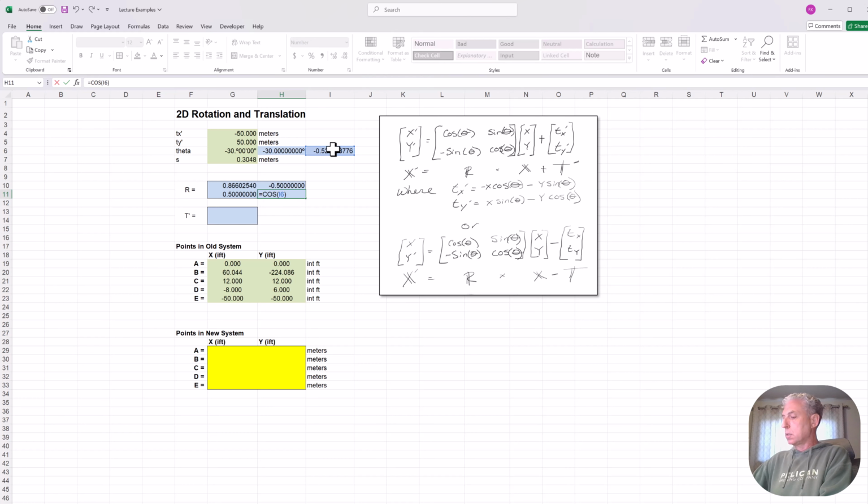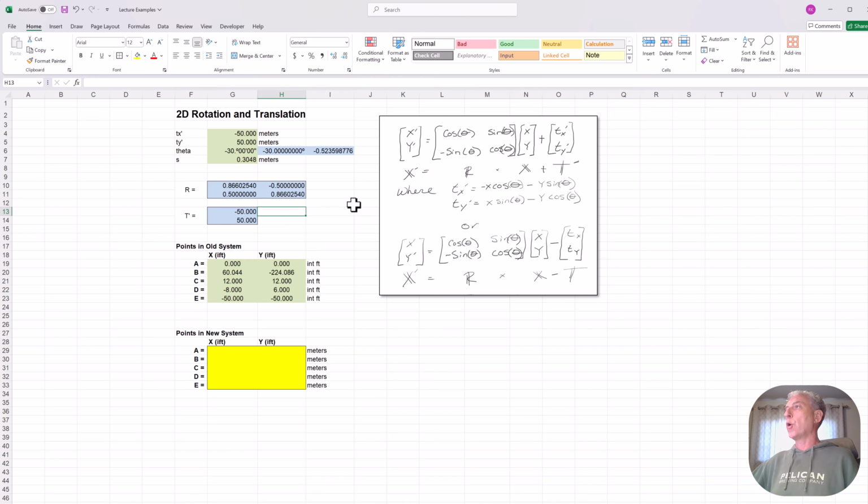That's easy. And my t prime I'm given, that's -50 and 50, which could be a green box, right? Because they're givens. There we go. So I have everything I need now to calculate what I'm trying to do.